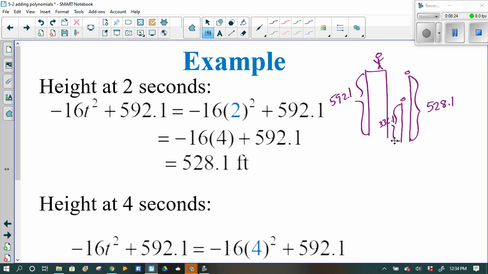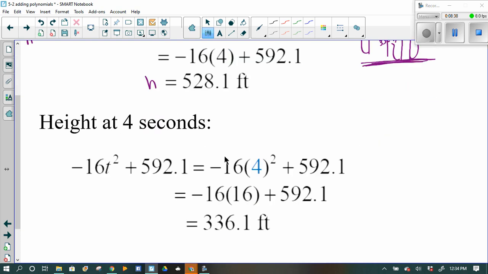Now, what if I wanted to know how long it took it to hit the ground? So if you think about when it hits the ground, all of this is giving you the height. Okay, so the height after 2 seconds is 528. The height after 4 seconds is 336. Well, if it's on the ground, the height would be 0.